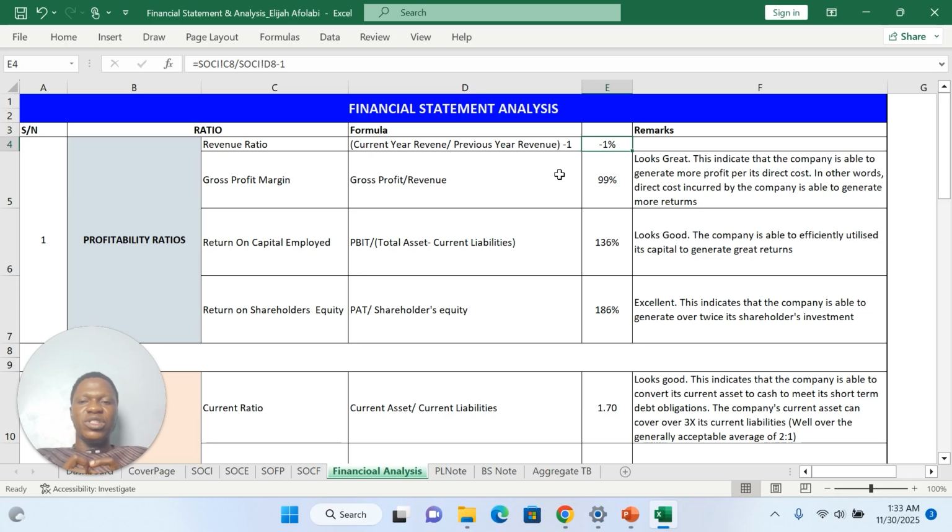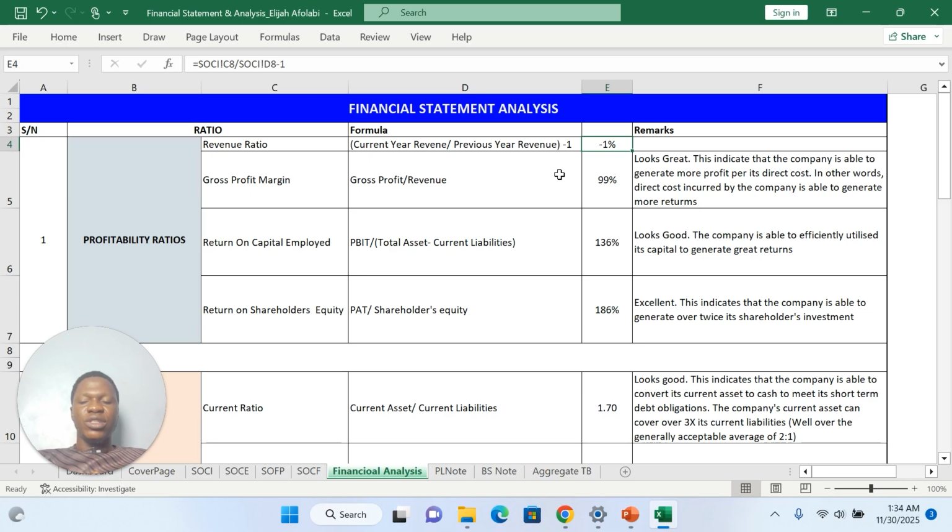Now the next one is return on capital employed. Very, very important. This is an important ratio that you must also pay attention to, which is calculated as profit before interest and tax, PBIT, divided by your capital employed. And of course, your capital employed is your total assets minus your current liabilities, right?